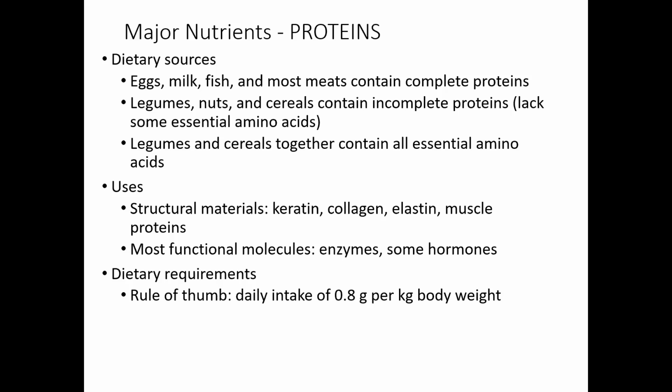But if you combine the plant proteins in food, you'll get all 20 of the essential amino acids. The ideal combination for a plant eater is some sort of legumes and a cereal.